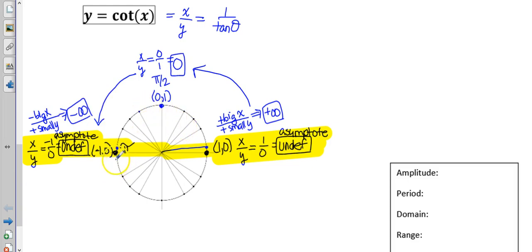Right after that asymptote, what would be right here? Remember, I'm not picking that point exactly. I'm trying to represent all of these little points that get infinitely close, but don't touch pi. So that's going to be again, a big negative x value.